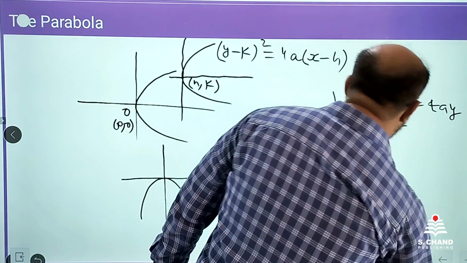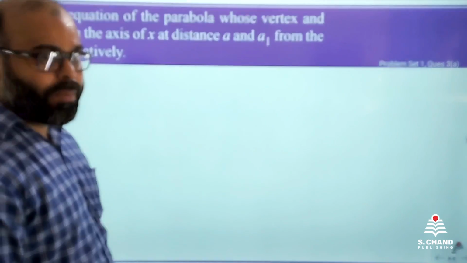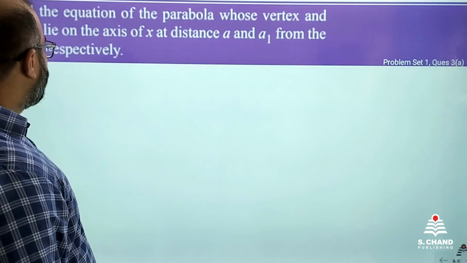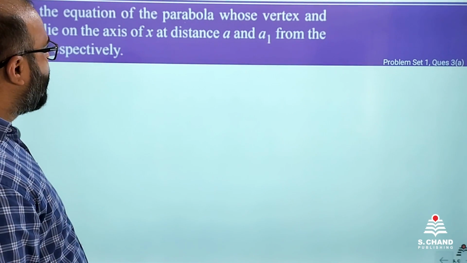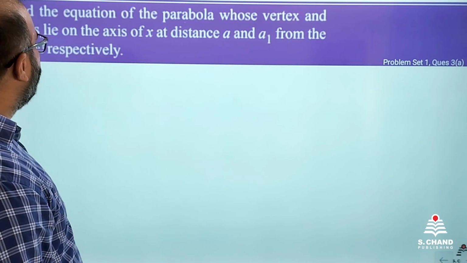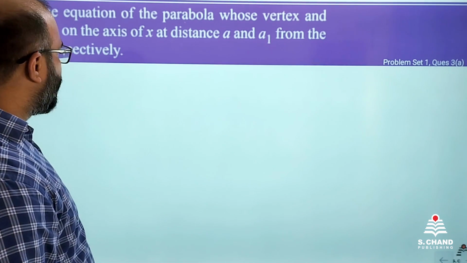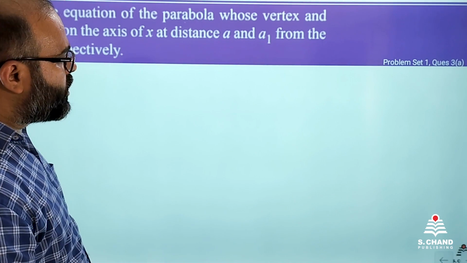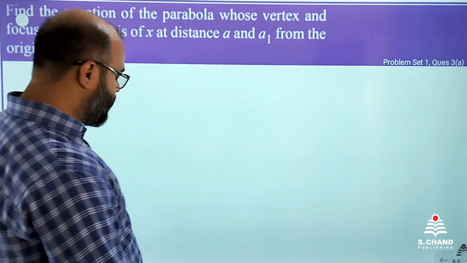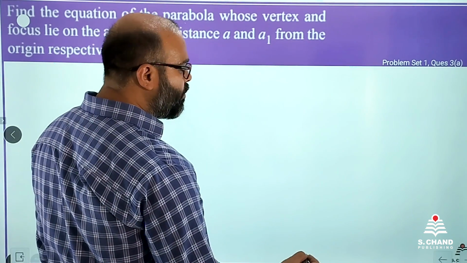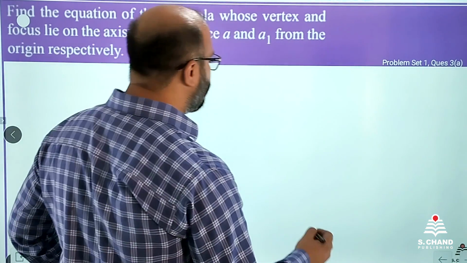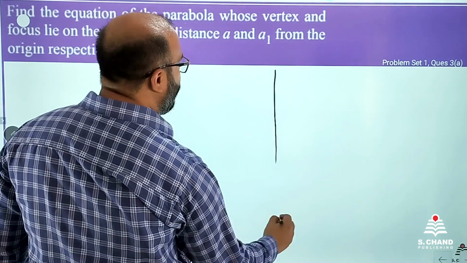Now if we come to the questions on the parabola, the first question says: find the equation of the parabola whose vertex and focus lie on the axis of x at distance a and a1 from the origin respectively. This is problem set 1, question 3a. As you can see from the book, it is a very important question for starting a conceptual topic like this.